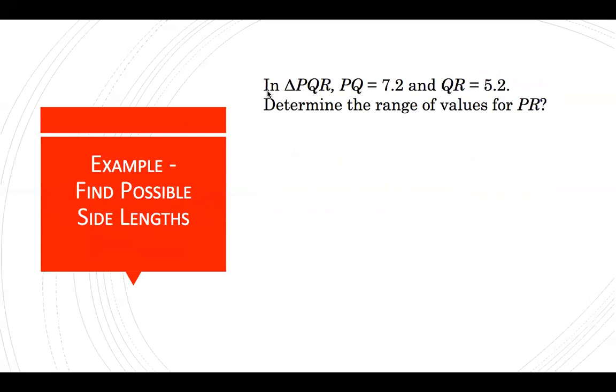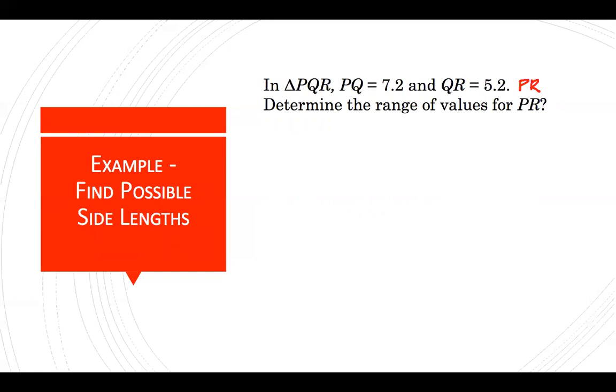Okay, so in triangle PQR, PQ is 7.2 and QR is 5.2. Determine the range of values for PR. The range of values for PR. So we've got PQ and QR. So our last side is PR. So I'm going to use that as my third side, okay?